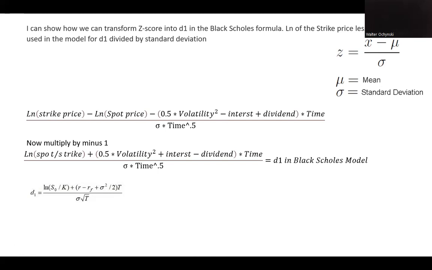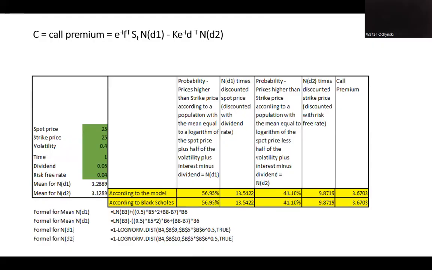And with this information we can calculate the option price immediately. You can see on this slide, in green, we have the spot price of 25, strike price of 25, volatility of 40%, time, I took 1 year, dividend 5%, and risk-free rate is 4%.